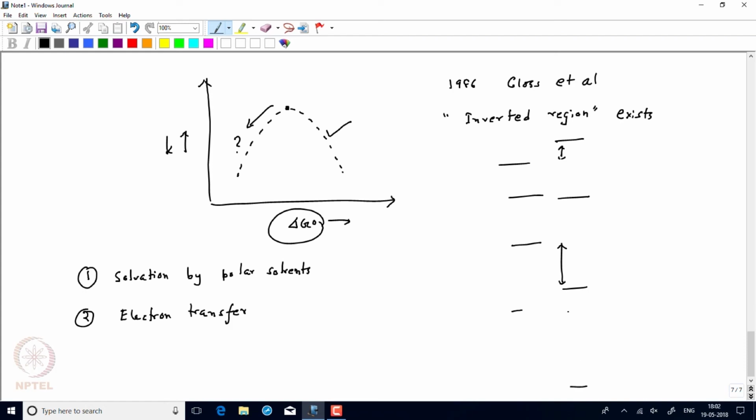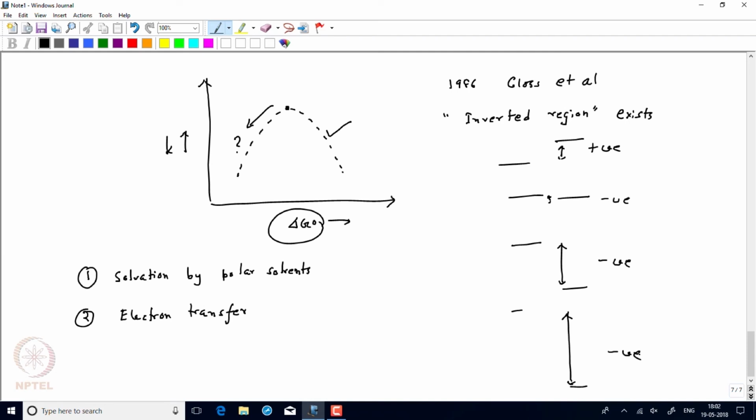And then with an even more negative free energy, again I will have a decrease in the reaction rate. Here we are plotting with respect to the free energy only: it's negative, then more negative, and more negative still.